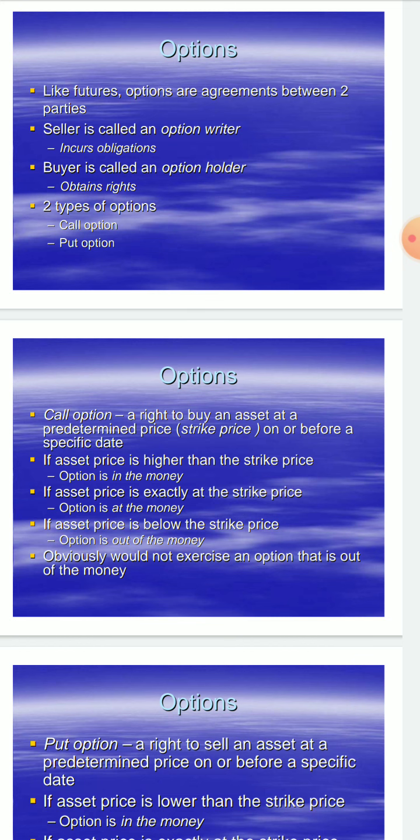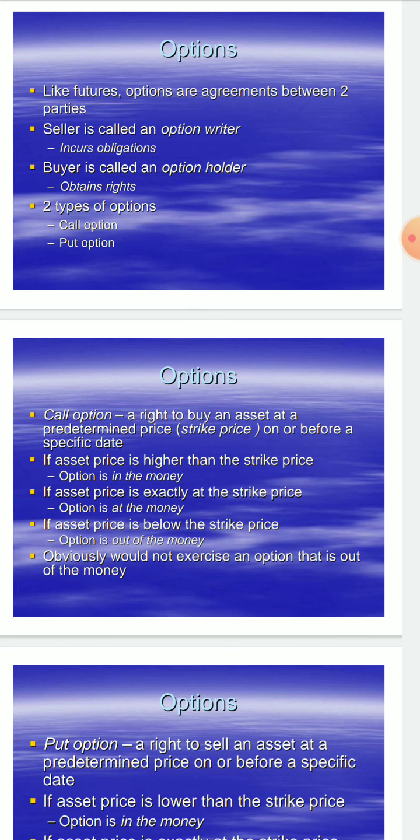In an option, there will be a buyer and a seller. The buyer has an option to buy or not to buy, whereas the other party has to compulsorily conclude the contract. The other person has to compulsorily sell or buy.